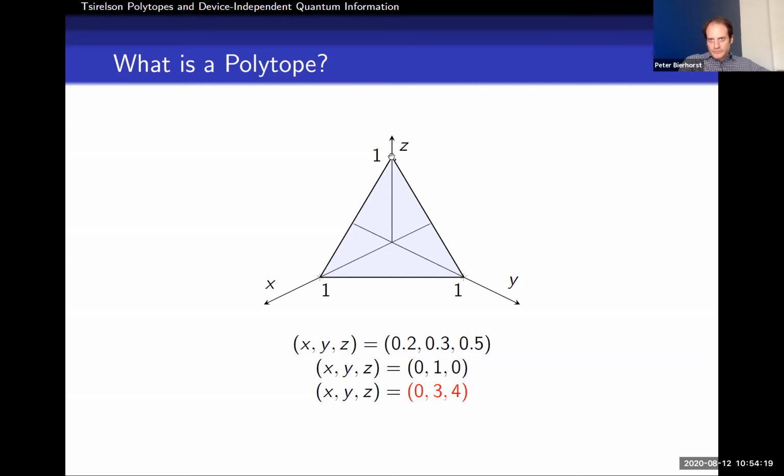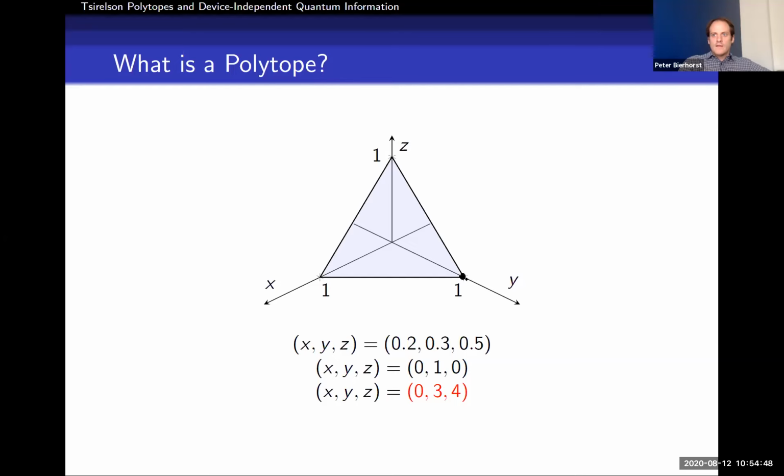So in this picture, this little simplex, this triangle, I've plotted the coordinates of all valid probability distributions over 3 outcomes. So let's look at this middle one here, x, y, z equals 0, 1, 0. Where in this picture is that? That's right here. That's y coordinate of 1, x coordinate of 0, z coordinate of 0.